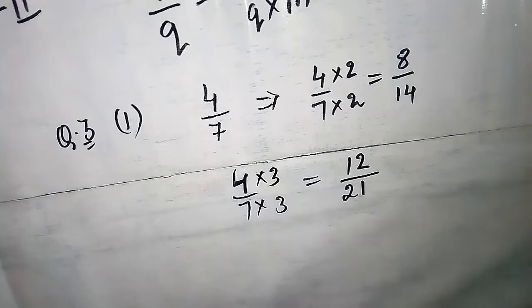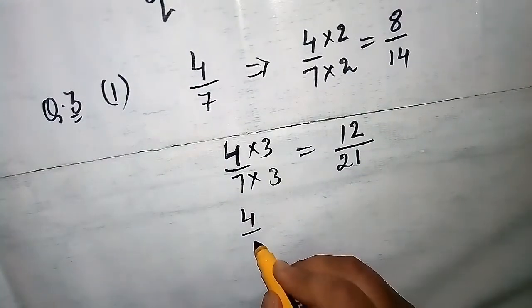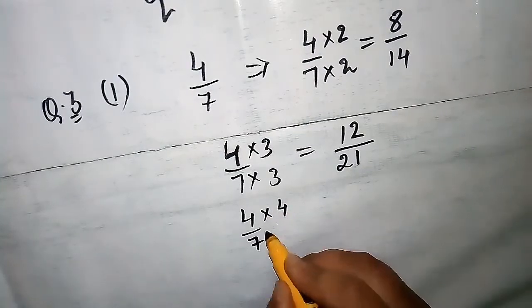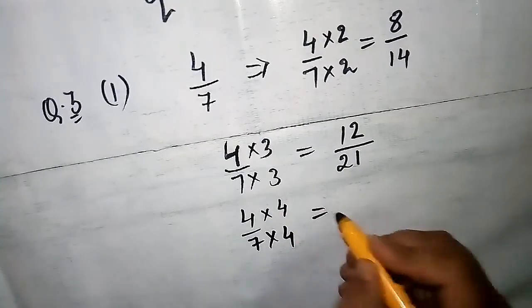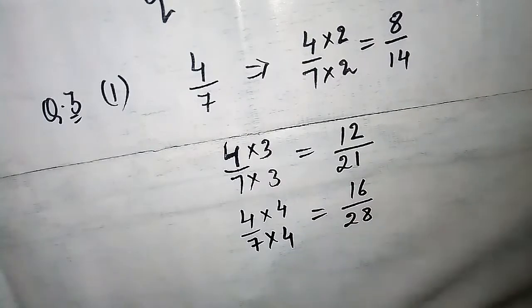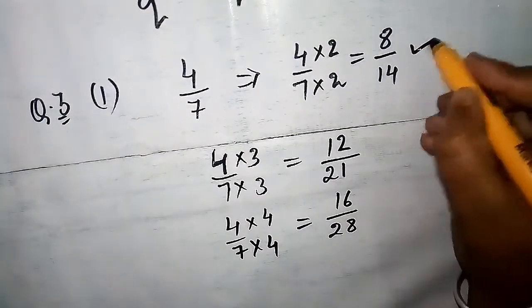This is the second rational number equivalent to 4/7. Now for the third rational number, let us multiply by 4. Remember, you can multiply by any number, but you have to multiply the same number to both numerator and denominator. So here 4 4s are 16 and 7 4s are 28. So it is your third rational number.